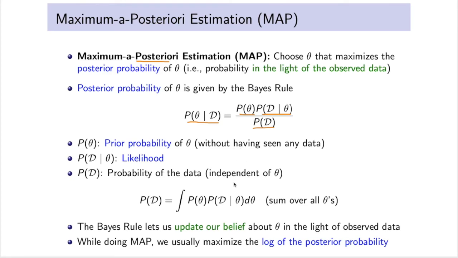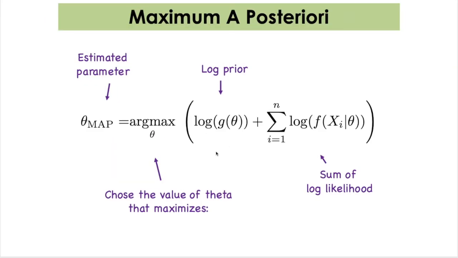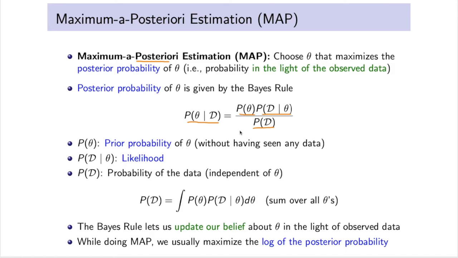So we use Bayes' rule to flip those around and come up with a new form to maximize these parameters, where we're breaking down the prior and the log likelihood into two different parts and then maximizing. This becomes the basis of the naive Bayes classifier that we'll talk about as well.